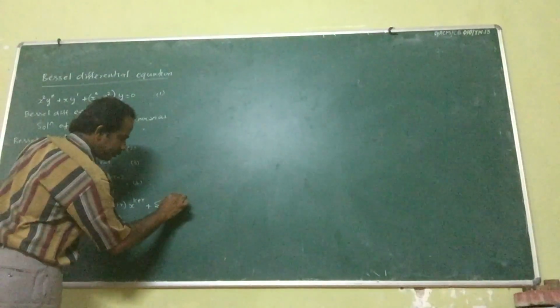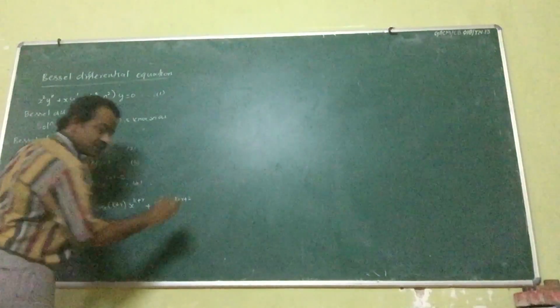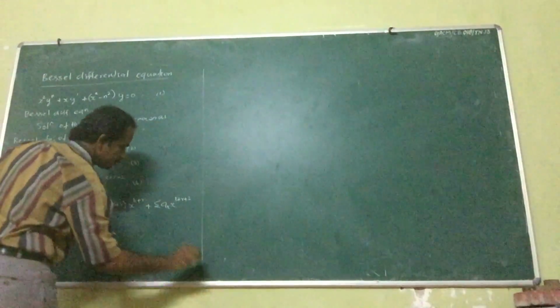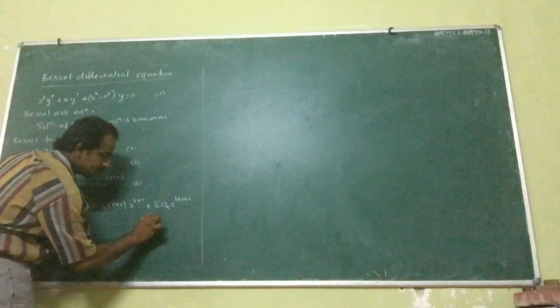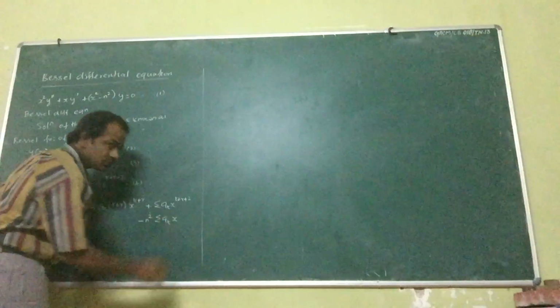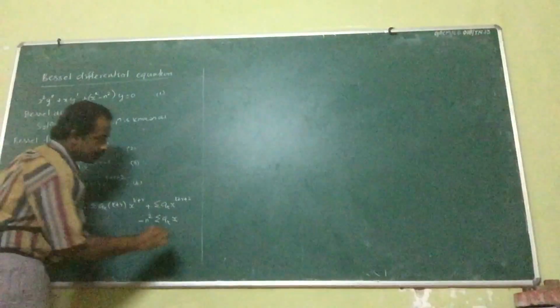The next term will be minus n squared a_k x to the power k plus r. Is it clear, everybody?